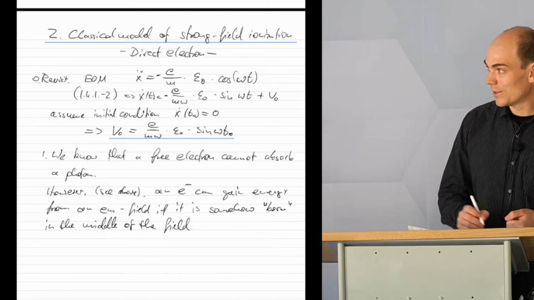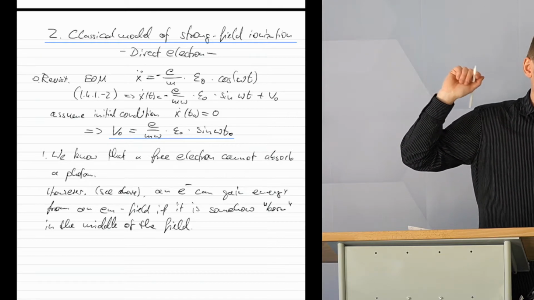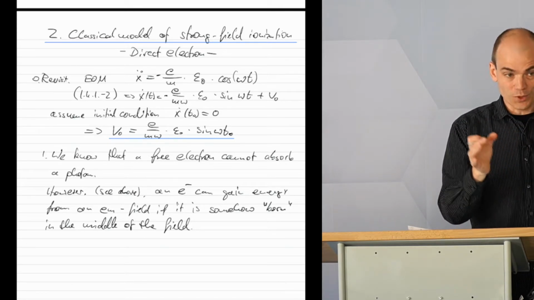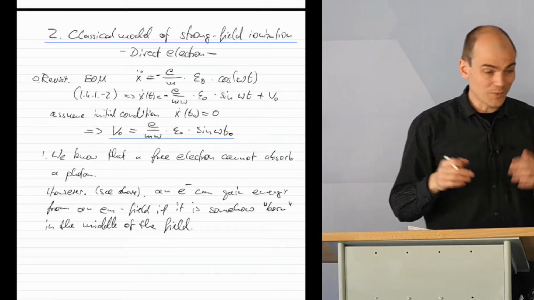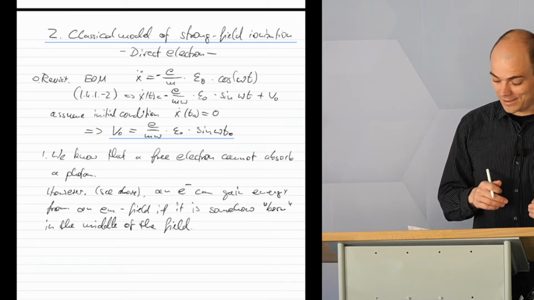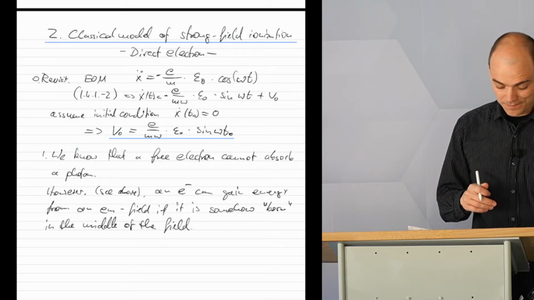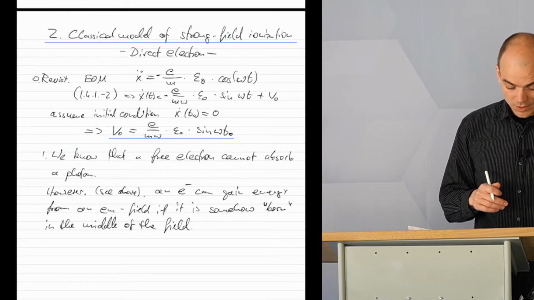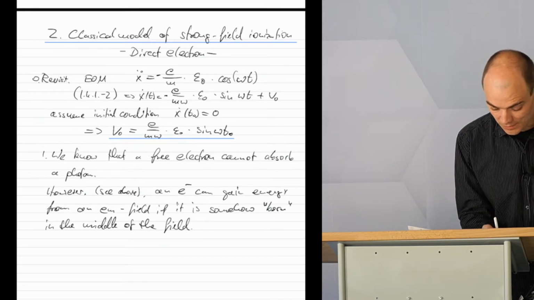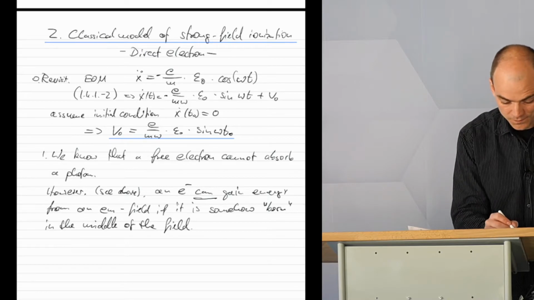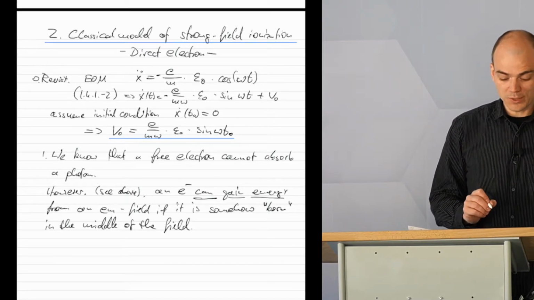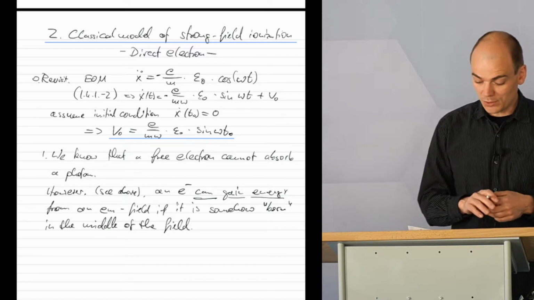For now, this is a hypothetical scenario because electrons are usually not just born in the field, though there may even be exceptions to that rule at extremely high intensity. However, an electron can gain energy from an electromagnetic field if it is somehow born in the middle of the field.